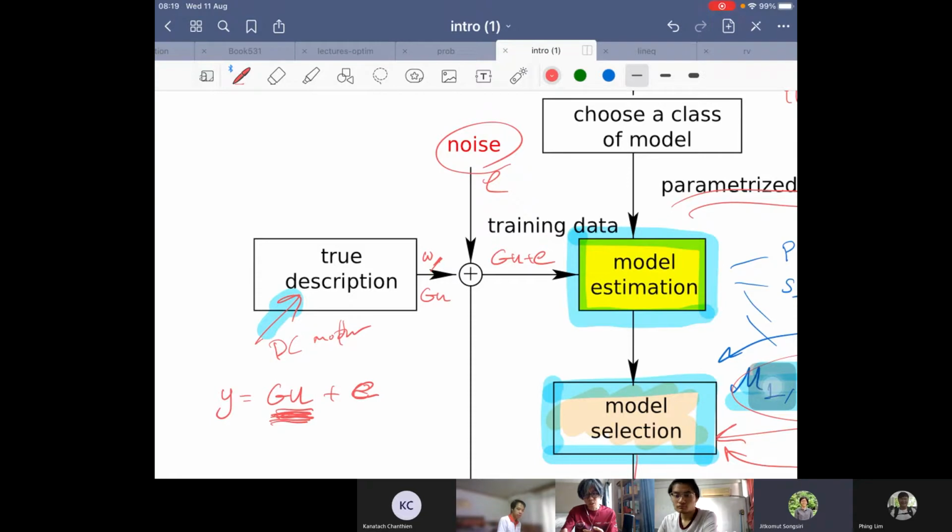Because of the uncertainty of the noise, if you run the experiment again for the second time, is the noise the same one? The noise is a random variable. You observe it once, it has a pattern like this. If you observe it a second time, the value could change.